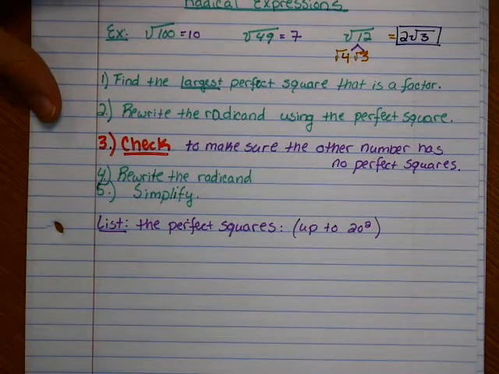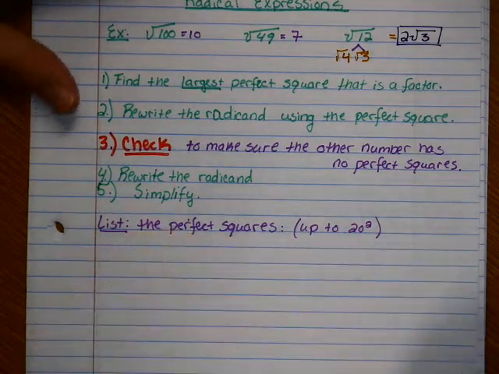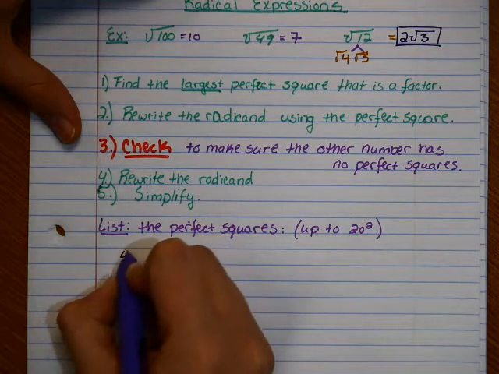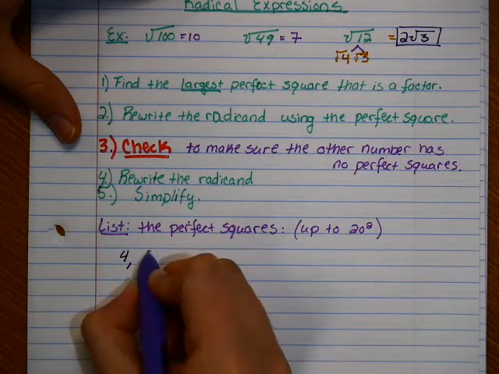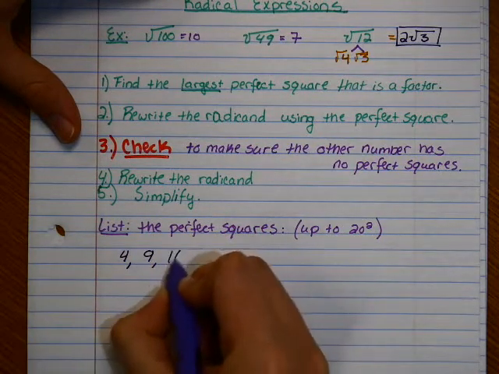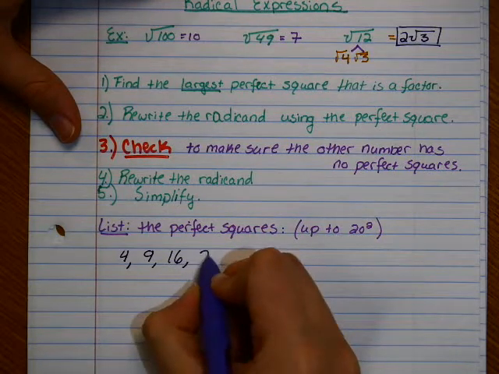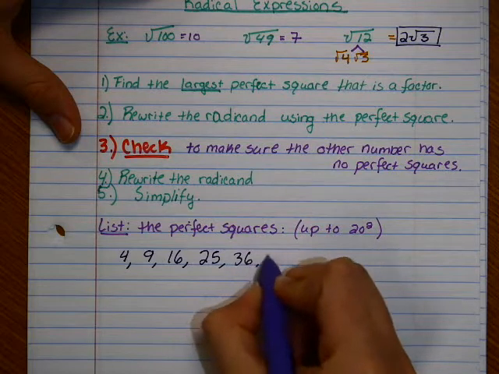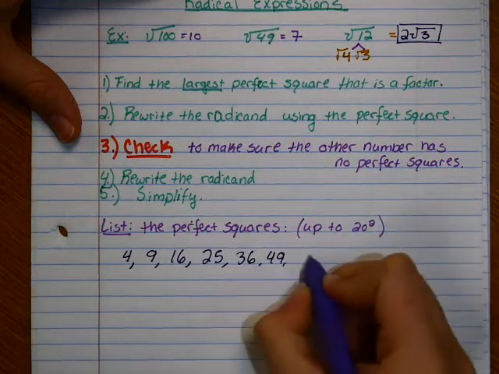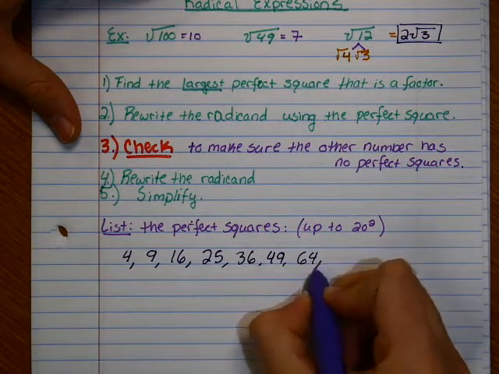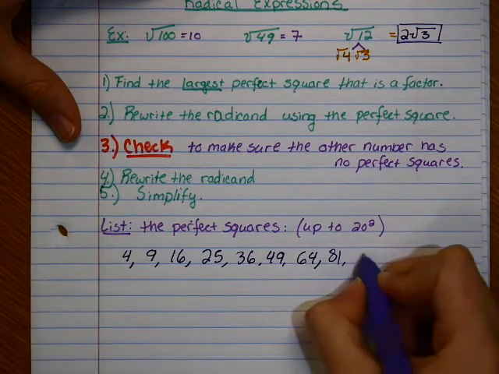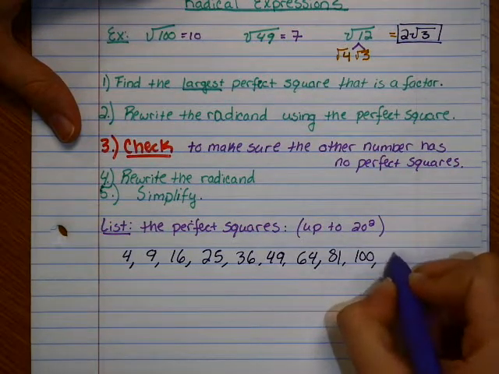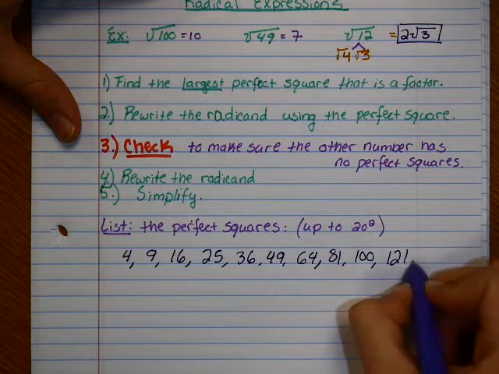So for example, if I know that 2 squared is 4, then 3 squared is 9, then you have 16, 5 squared is 25, 36, 49, 64, 81, 100. 11 squared is 121.